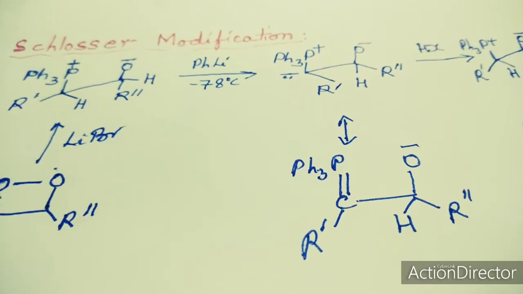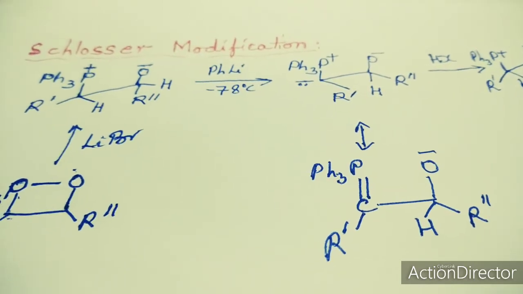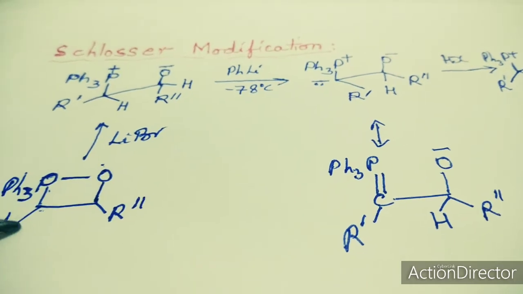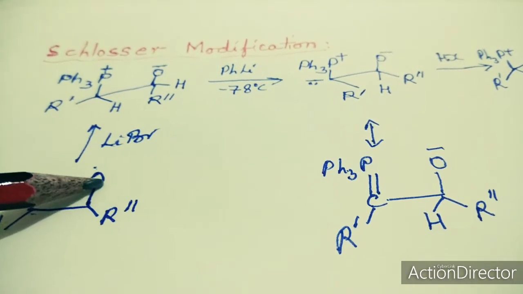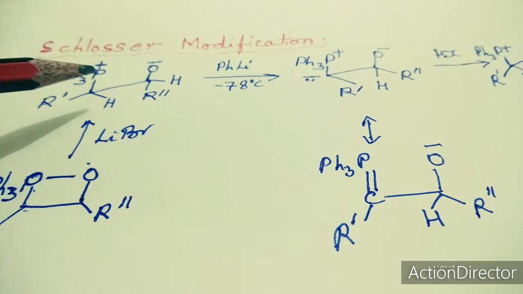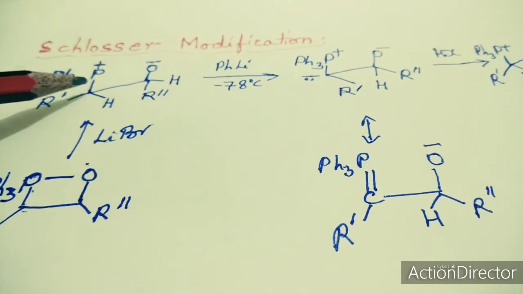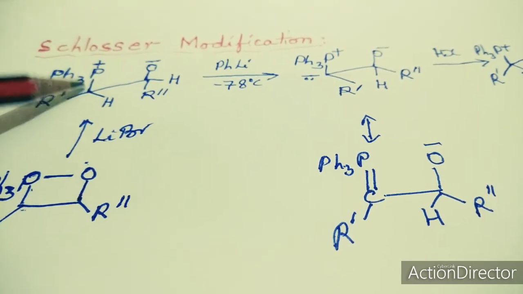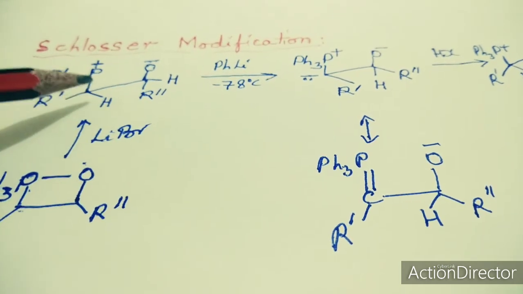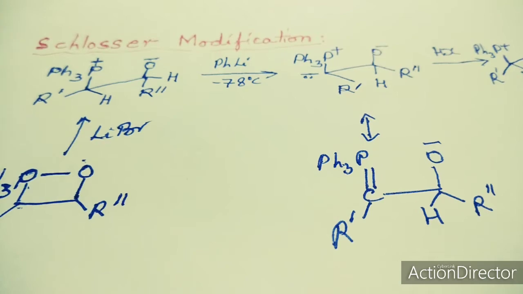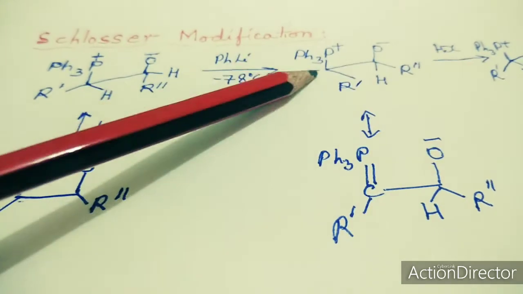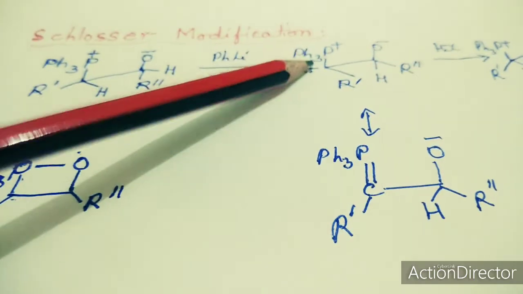How was this possible? This was possible because in the presence of this lithium, ring opening occurs: the phosphorane ring opens up because O negative is stabilized by Li positive. When this opens up, this P will get a positive charge. Now when phenyl lithium is added and an H positive is removed, a new ylide is being generated.